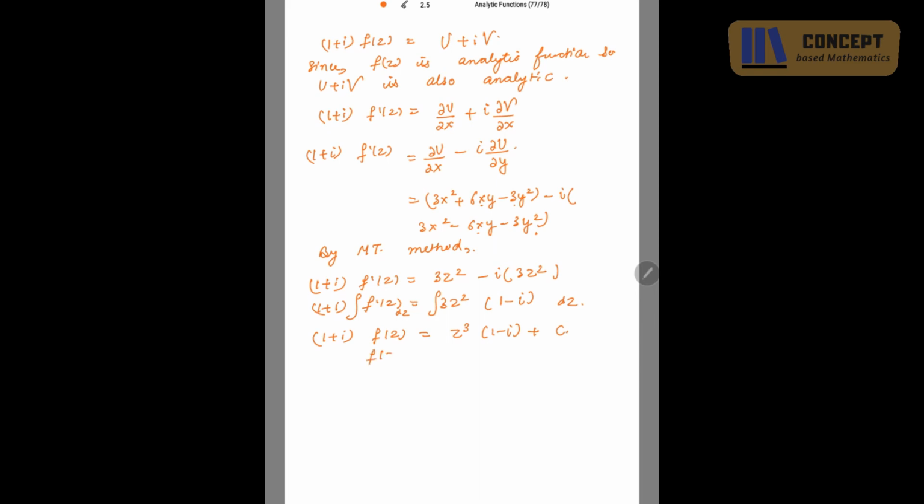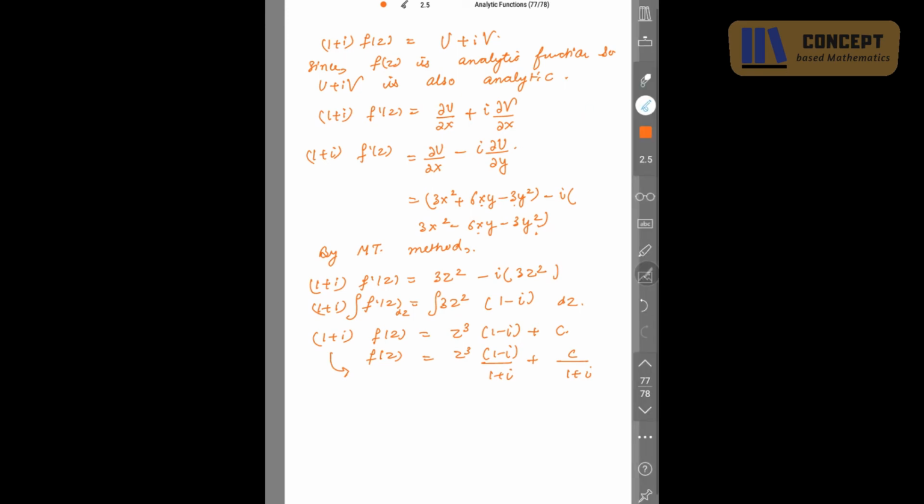Now taking 1 plus iota to the other side, this is z cube (1 minus iota) over (1 plus iota) plus c over (1 plus iota). Take this as alpha. You can take c, but I am taking alpha. That is also a constant.